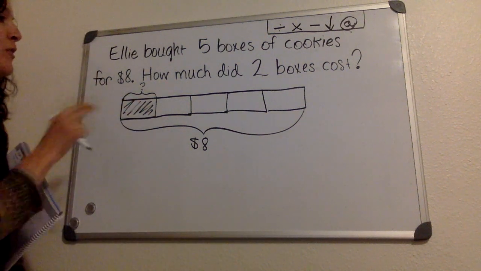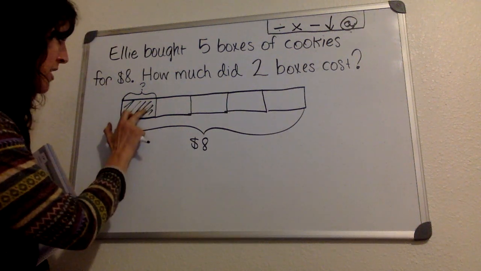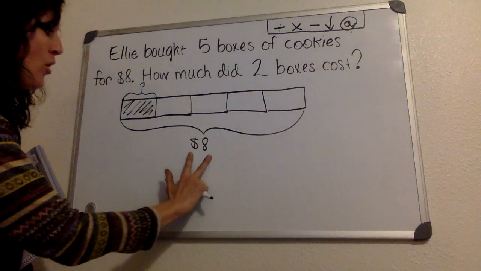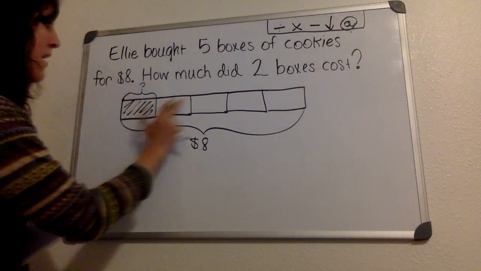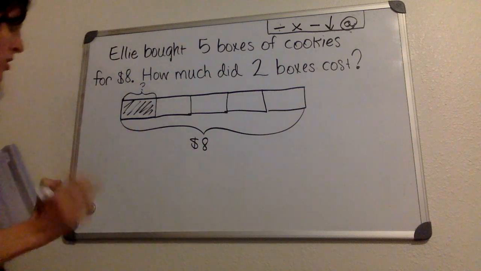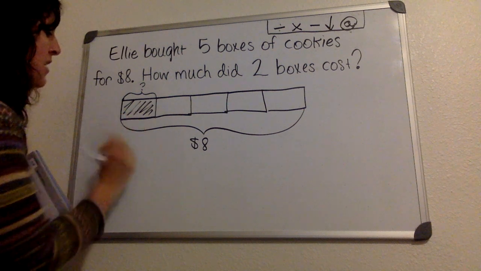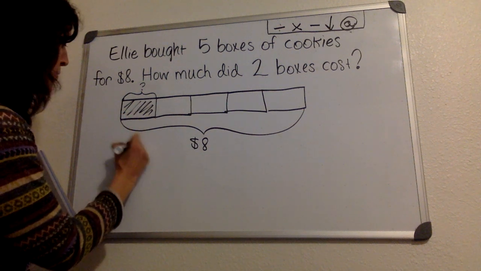Okay, so now we've done problems like these before. We've got our part, and then we've got our whole, okay? 5 boxes of cookies cost $8 all together. So I want to find out how much 1 box costs. Well, guess what?